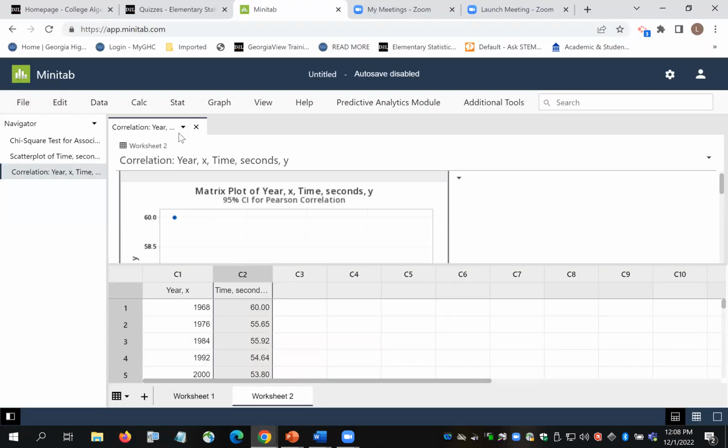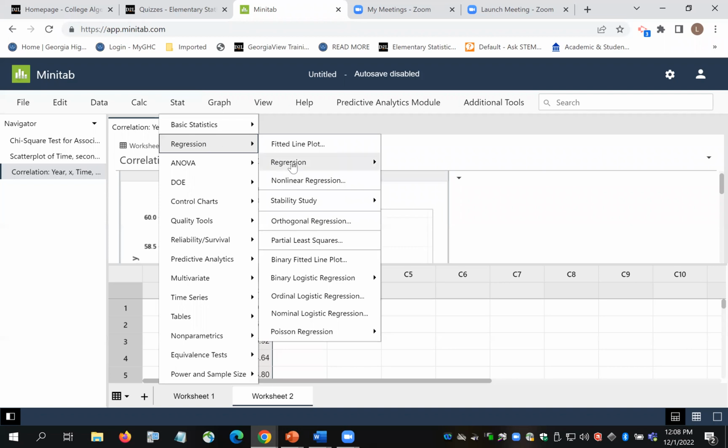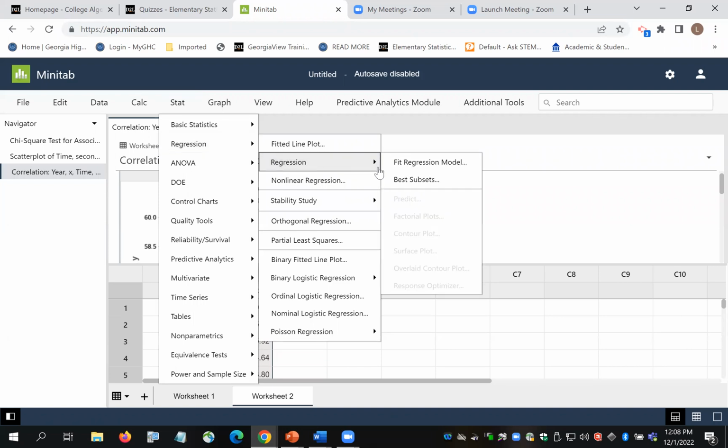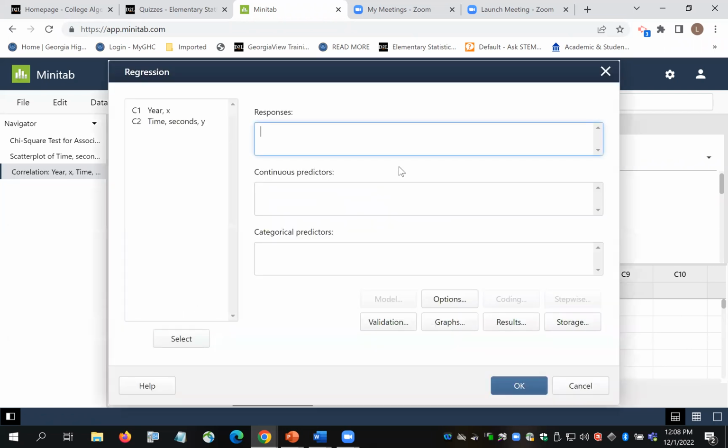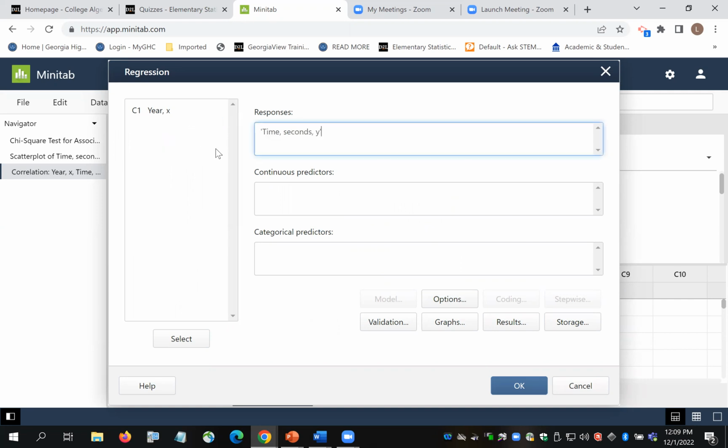We've already entered the data. It is stat, regression, regression, fit regression model. The response is always and forever the Y. The continuous predictor is the X.